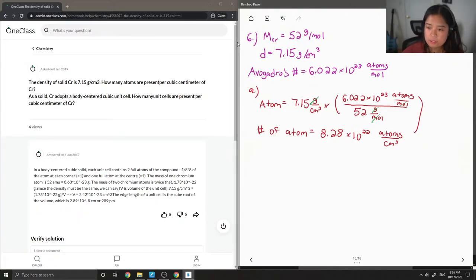Okay, so next let's look at part B of this question. As a solid, chromium adopts a body-centered cubic unit cell. So first let's draw what a BCC unit cell looks like, just so that we can all picture it.